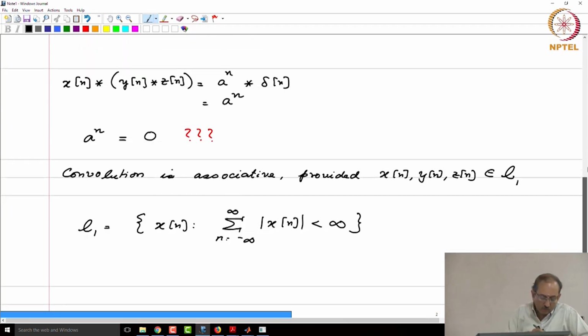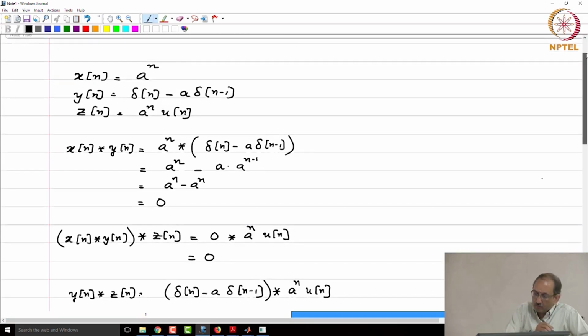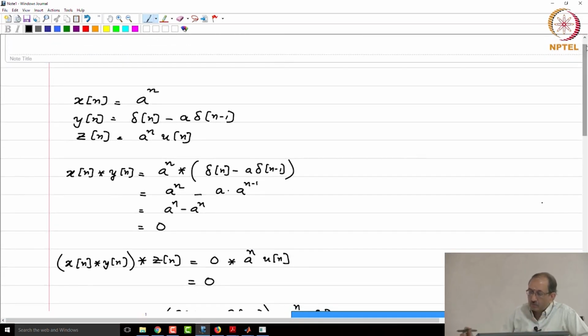So, which sequence violates not belonging to L1? X of n. And z of n when mod a is greater than or equal to 1. So, when mod a is greater than or equal to 1, z of n does not belong to L1.